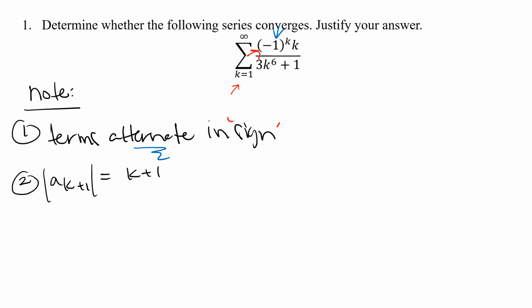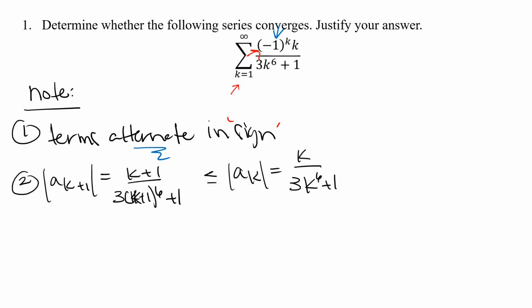The absolute value of that is going to give us a positive value, and it's going to be less than or equal to our a sub k. Remember, our a sub k, if we take the absolute value, is simply k over 3k to the 6 plus 1, okay?